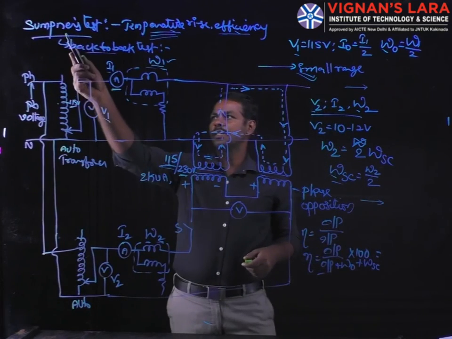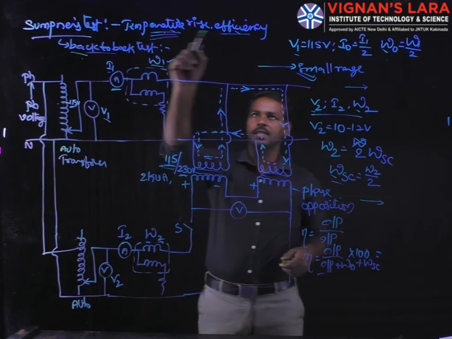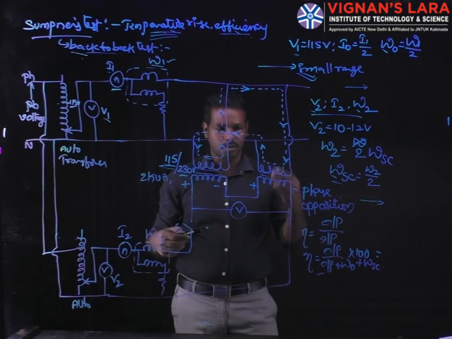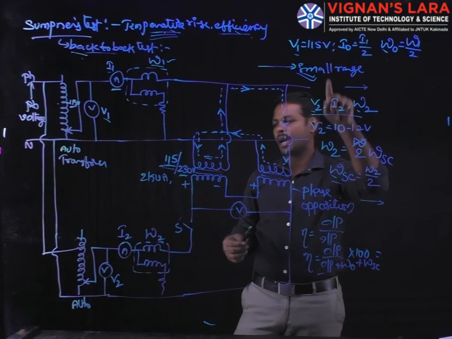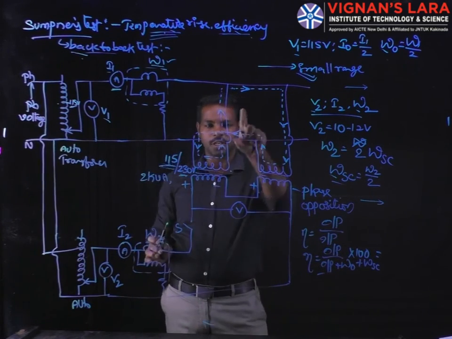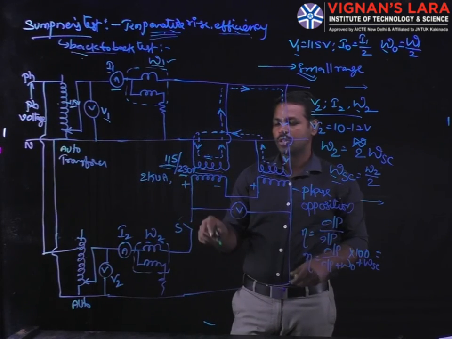The Sumpner test is also called a back-to-back test, which is used for temperature rise and efficiency. In this test, we get two types of losses, iron loss and copper loss. Iron losses are calculated using the topmost portion, and copper losses are calculated using the downmost portion.